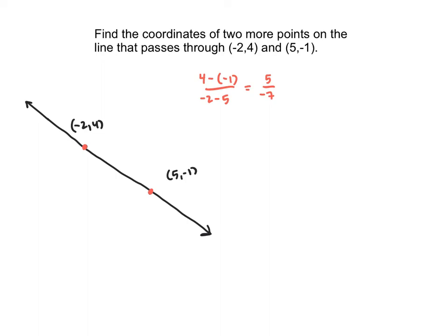Okay, so what's really happening here is if I go from one point to another, it looks like I would be rising, or in the y direction, adding 5, and running, or in the x direction, going left 7. So let's see what that looks like. So I went left 7 in the x direction and up 5 in the y direction.